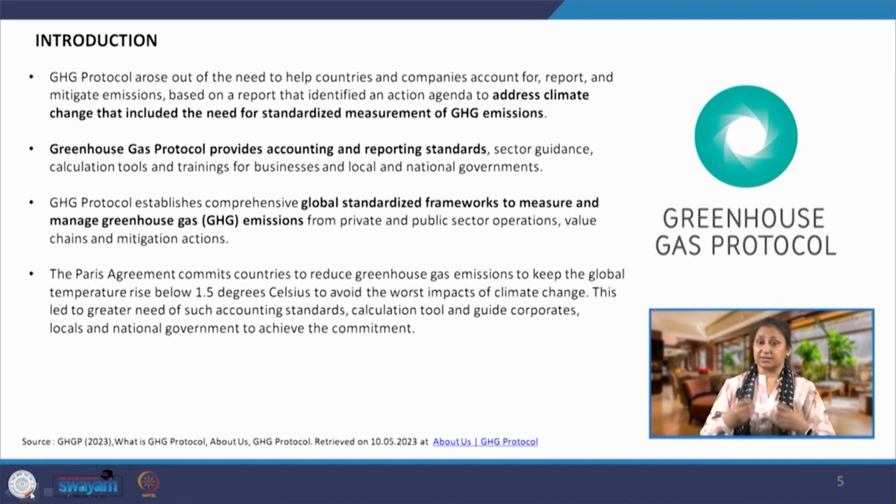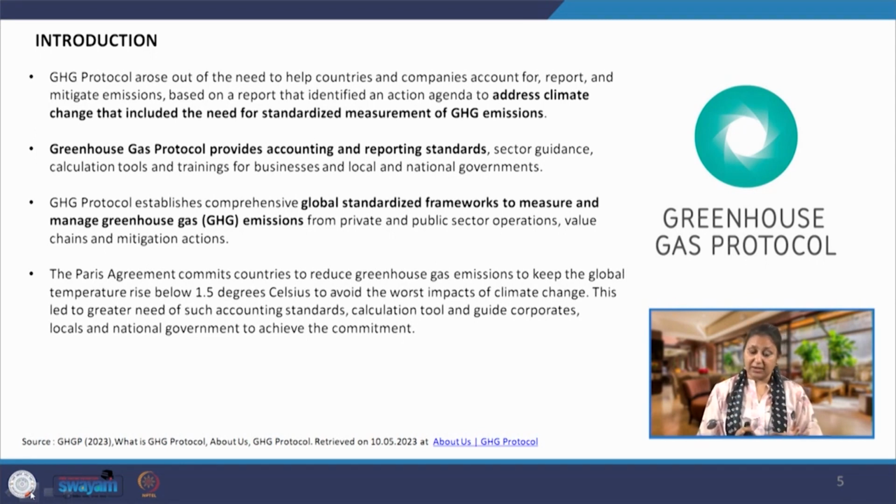I may say, as a company, as a manufacturing industry, that I have reduced my GHG emissions by so and so percent. How would these numbers be verified? How would we rely on the numbers that each individual company is giving? So, there has to be standardization of measurement and of the procedure, and that is where the need for a protocol arose and the GHG protocol came into existence.